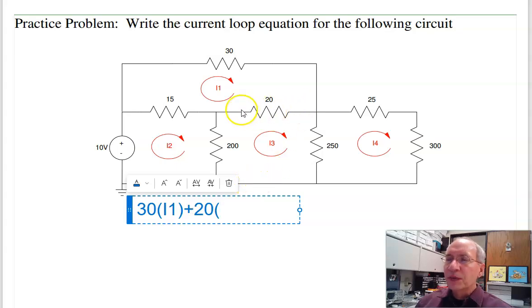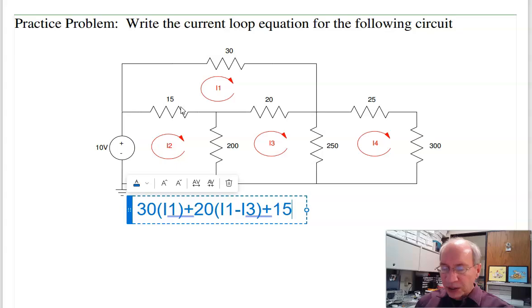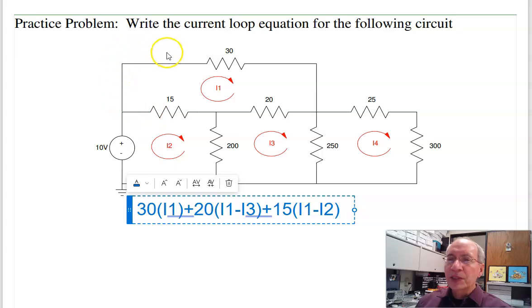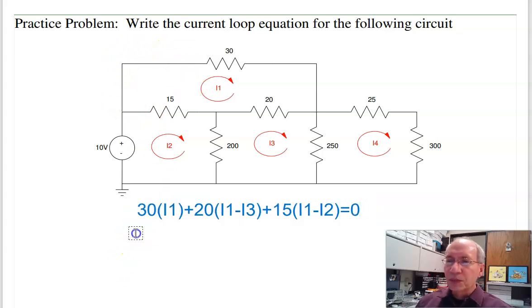The current going left is I1 minus I3, plus the current through the 15 ohm resistors. 15 times the current going left, that's I1 minus I2, and I'm back where I started. That has to add to 0. There's my first equation.